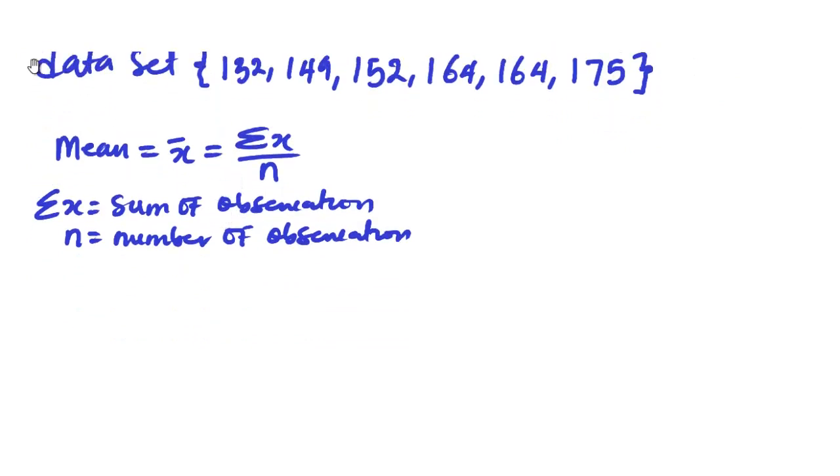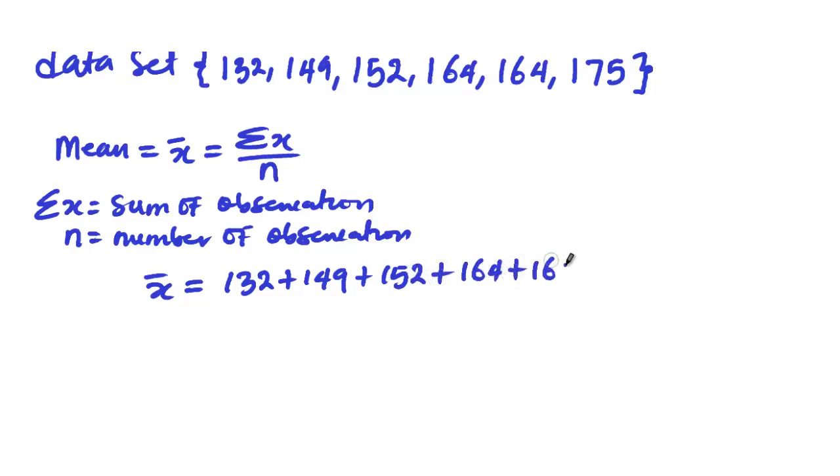So let's quickly determine the mean. We have that the mean, summation x, will now be the sum of the observations. That will be 132 plus 149 plus 152 plus 164 plus 164 plus 175, now divided by the number of observations.